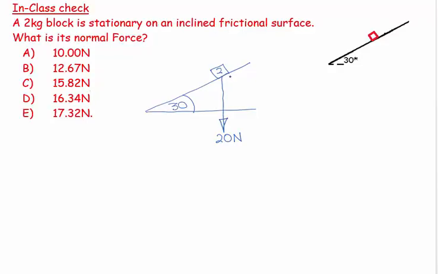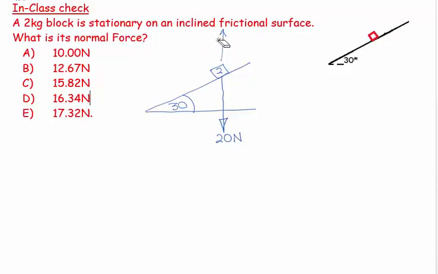Now the block is not accelerating, it's stationary, so it's not accelerating in any direction, and so this is in equilibrium, or we'd call it a statics problem. We can think about it as having for every action force there's a reaction force, so I can think about it as an upwards force, which is the reaction to the weight.